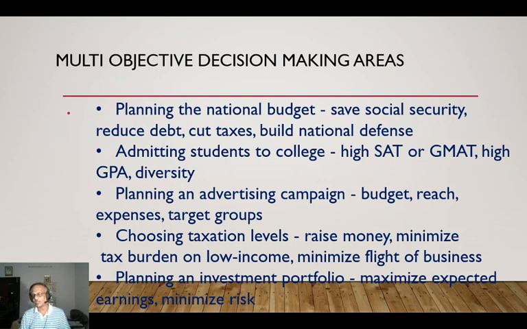Choosing taxation levels, raise money, minimize tax burden on low income, minimize flights of business. You can also do planning an investment portfolio. You have some portfolios in the stock market, so you want to maximize the expected earning or minimize the risk.